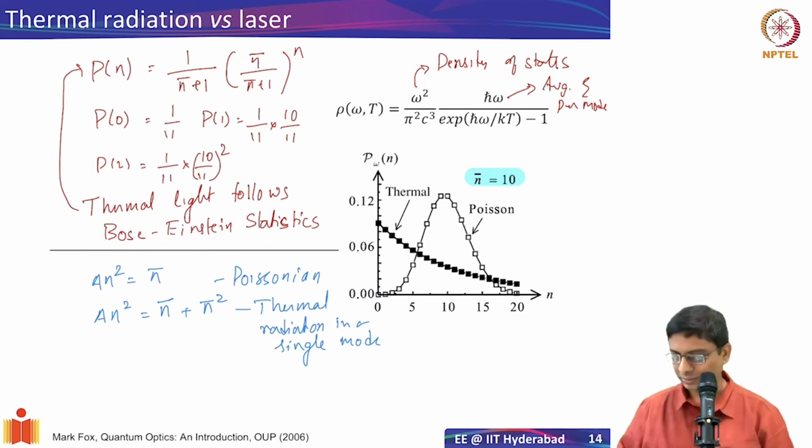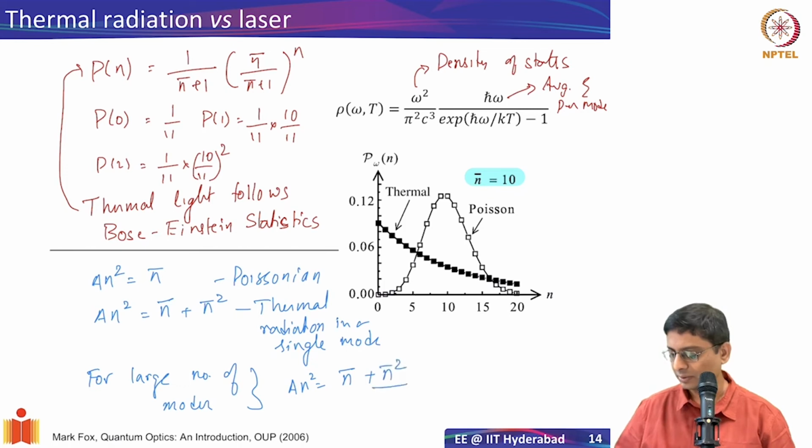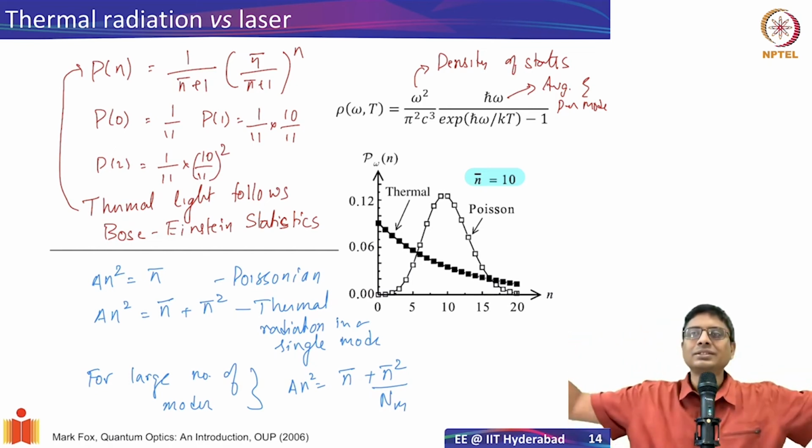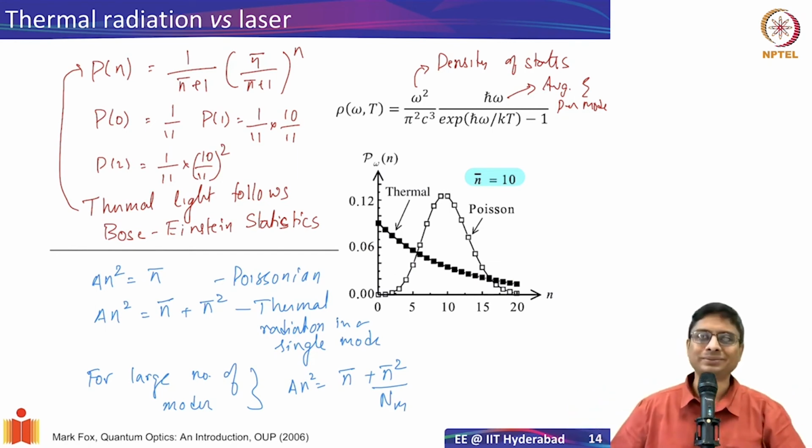For a large number of modes, this expression is modified: delta n squared equals n bar plus n bar squared divided by the number of modes. When the number of modes increases, effectively the thermal light source also starts to behave like a Poissonian source.